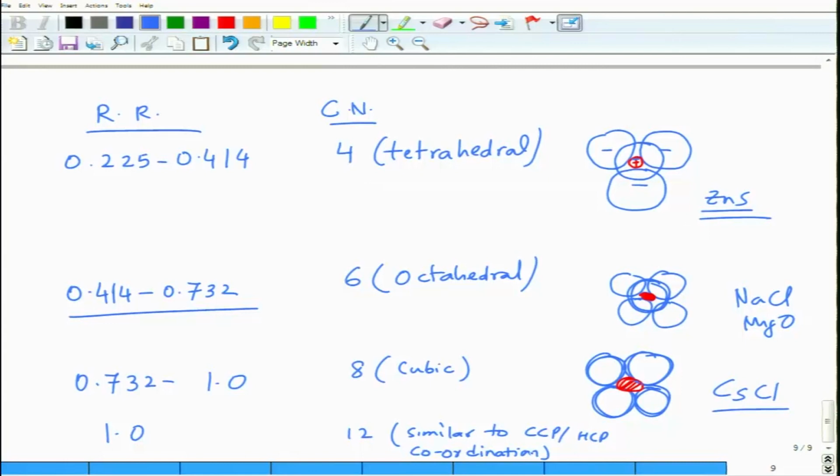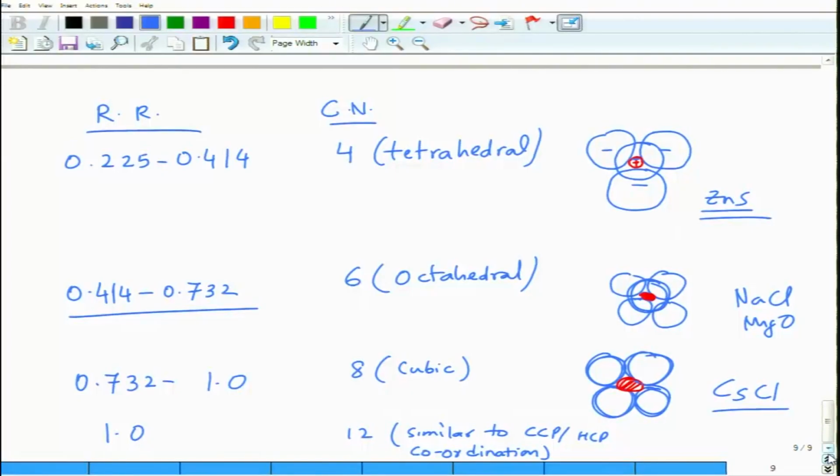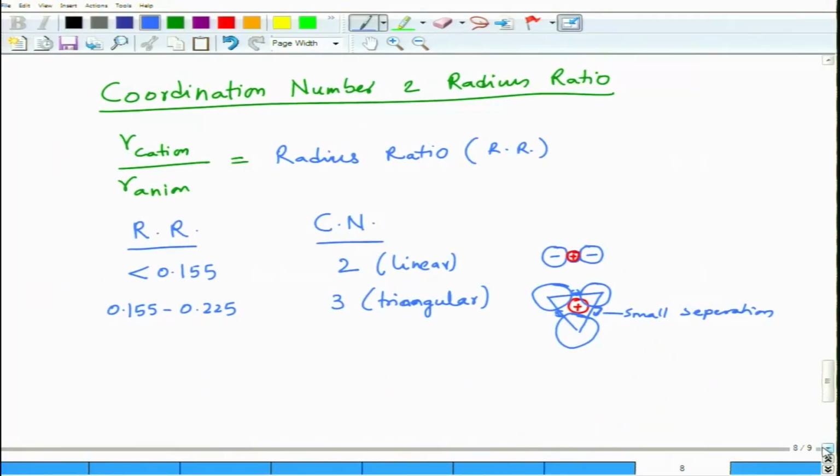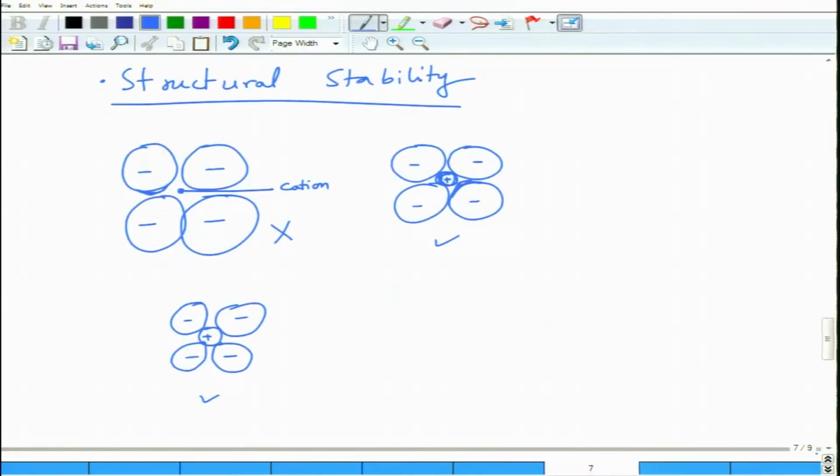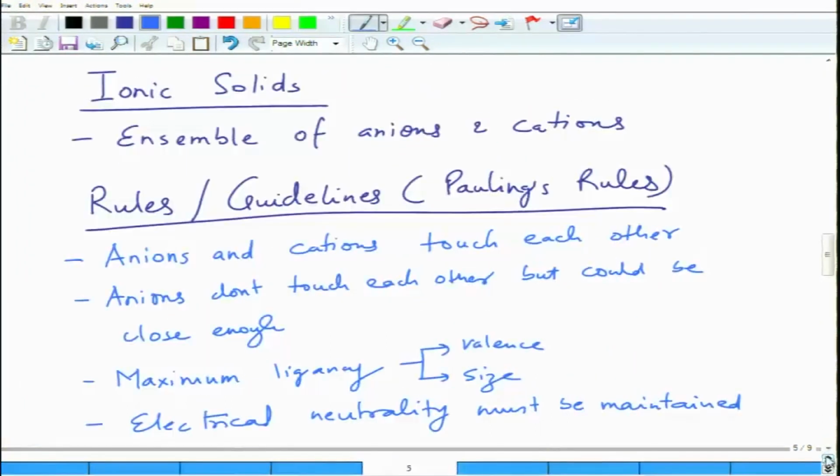Okay. So, these are the guidelines for radius ratios, which give you certain configurations which make energetically stable configurations. So, you can see that the guidelines tell you that anions and cations touch each other, anions do not touch, but generally should be close enough, and you should have maximum ligancy to minimize the electrostatic energy.